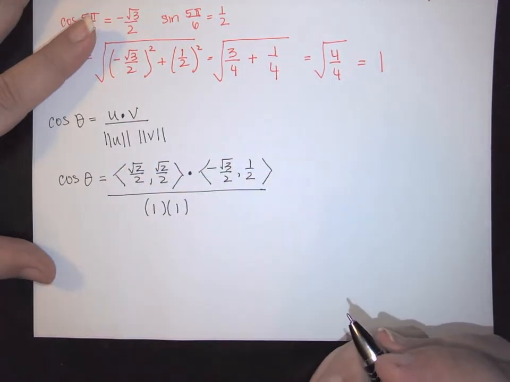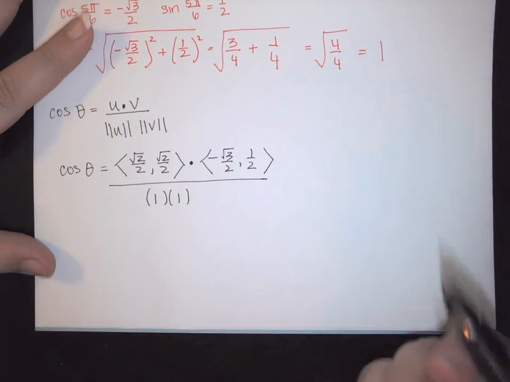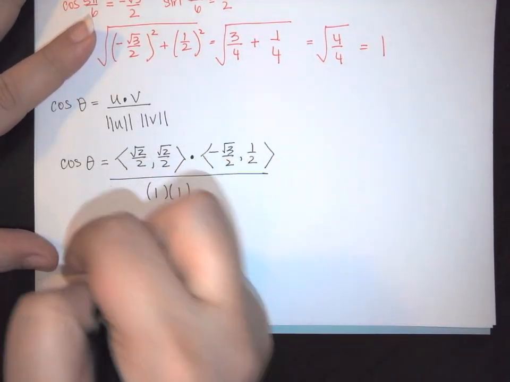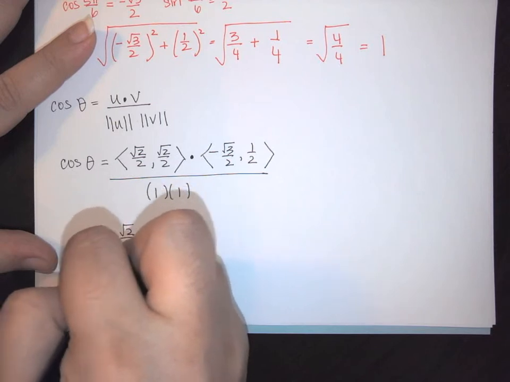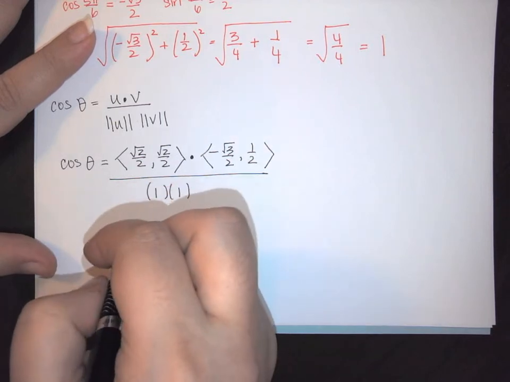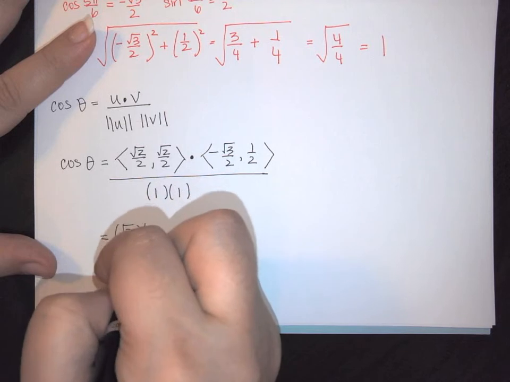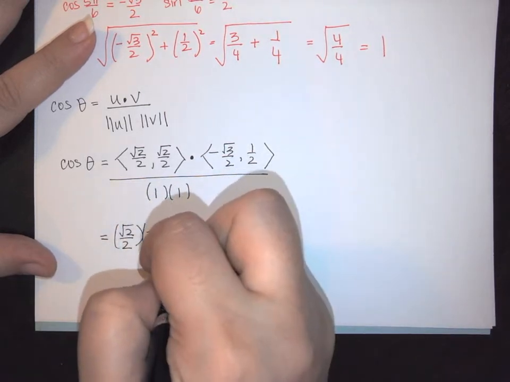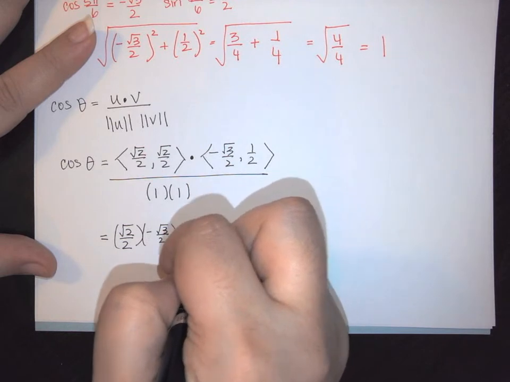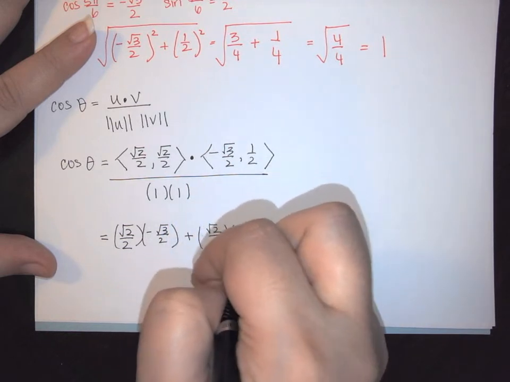So let's go ahead and work with that dot product piece. Remember, it's going to be the square root of 2 over 2 times negative square root of 3 over 2, and we're going to add that to the square root of 2 over 2 times 1 over 2, or 1/2.